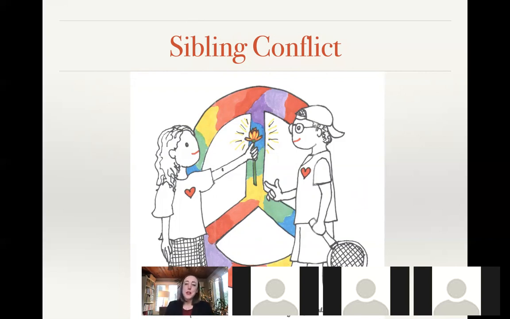Another one is the peace rose, which is what this picture is about. And you can use a silk rose that you keep in a vase somewhere accessible in your family, or it's a wonderful project. You can make one as a craft with your children, and they have more ownership over it, obviously, if they make it themselves. But you practice with your children the peace rose.